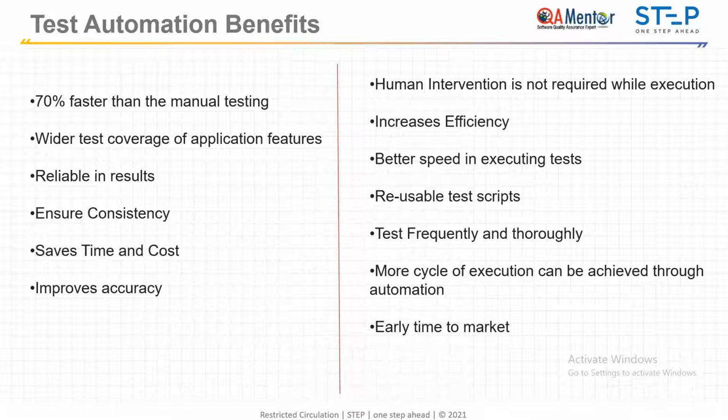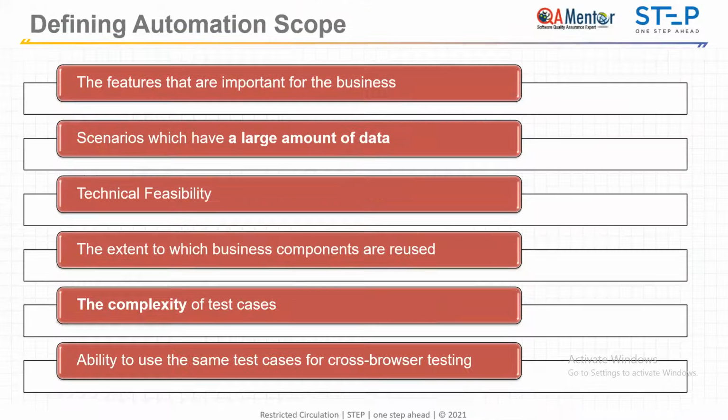It will improve accuracy, save time and cost, and give an early go to market. Early go to market is the main point where robotic test automation is gaining the market. That's the reason everyone wants to use robotic test automation, because it doesn't require code, and it doesn't require much time for scripting as well as maintenance.